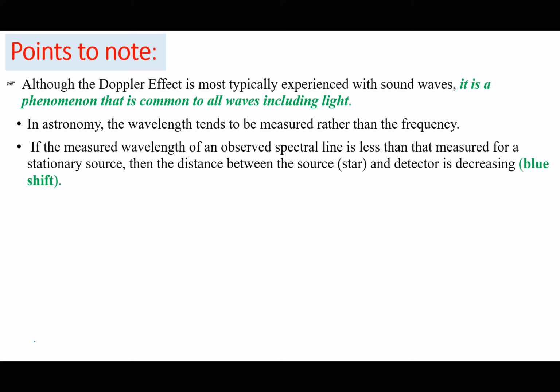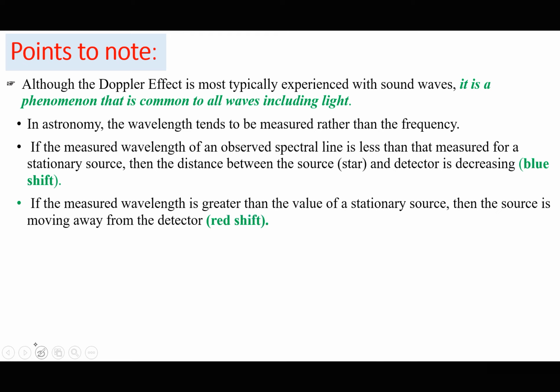If the measured wavelength of an observed spectral line is less than that measured for a stationary source, then the distance between the source and the detector is decreasing. That is what we would call a blue shift in astronomy, in astrophysics and cosmology. And if the measured wavelength is greater, of course, a greater wavelength means a smaller frequency.